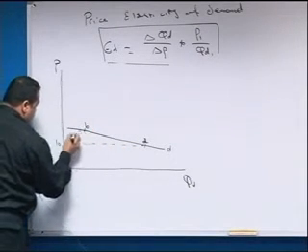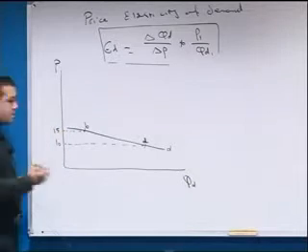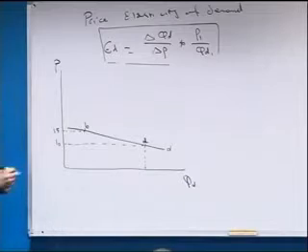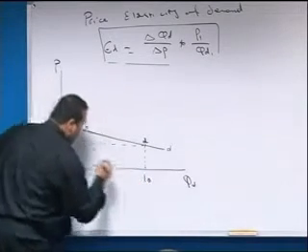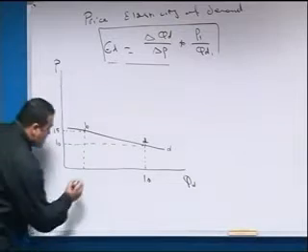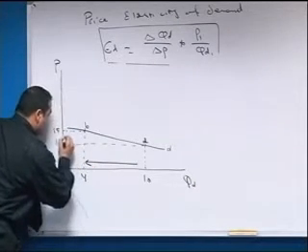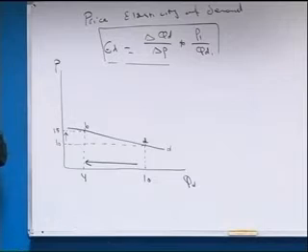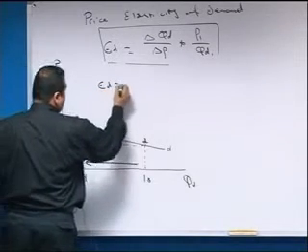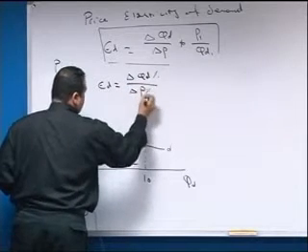10, 15. The original quantity demanded, or the old quantity demanded, is 10, and the price, suppose it was 4. So ED equals delta QD percent over delta P percent.